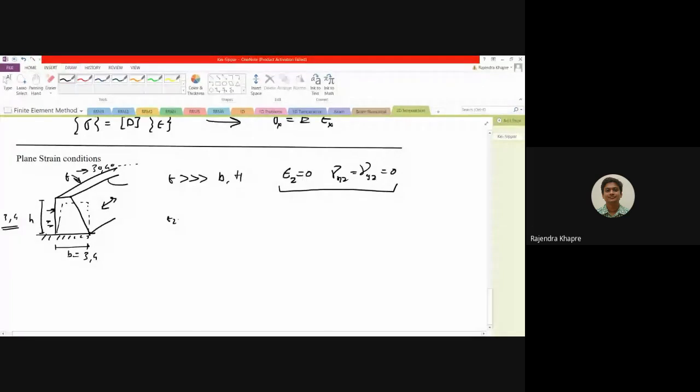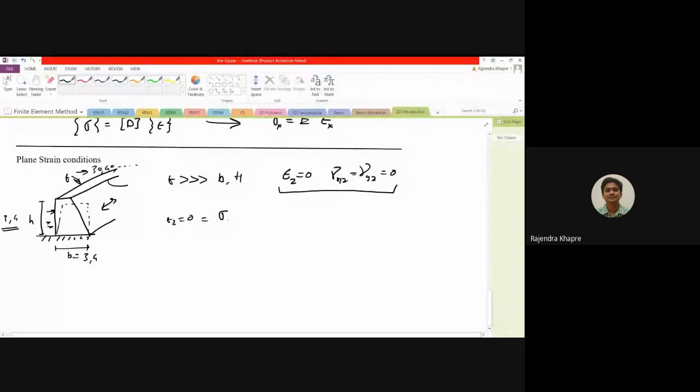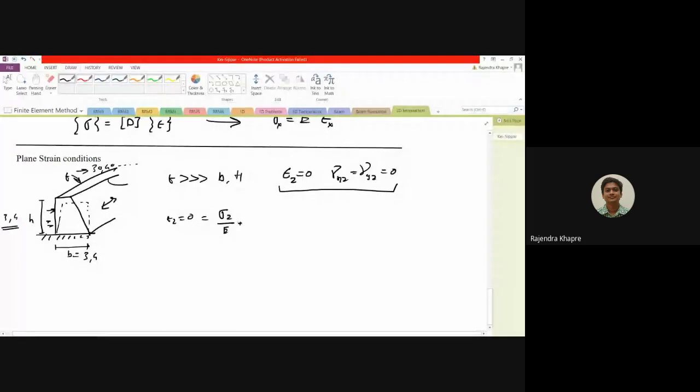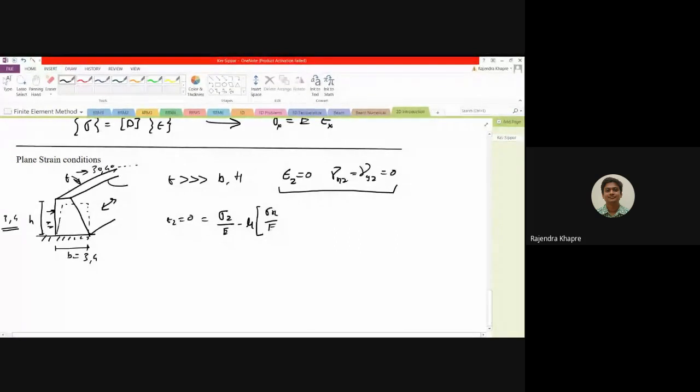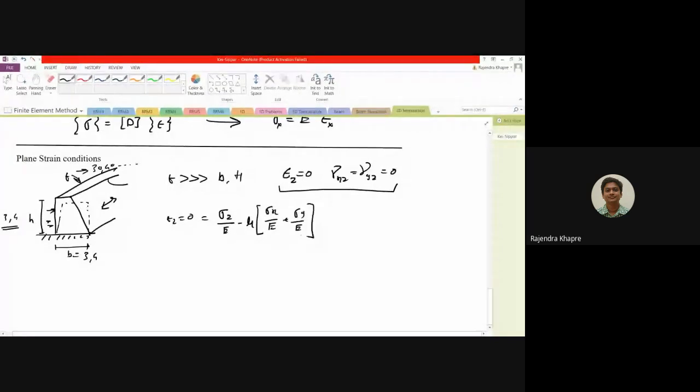If you remember, the strain in the z direction can be calculated as sigma z upon E minus, I have written plus, sorry for that, so this is minus mu into sigma x upon E plus sigma y upon E. So this is one expression, and this is assumed to be 0 over here.